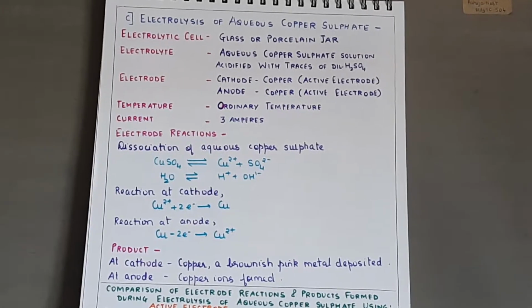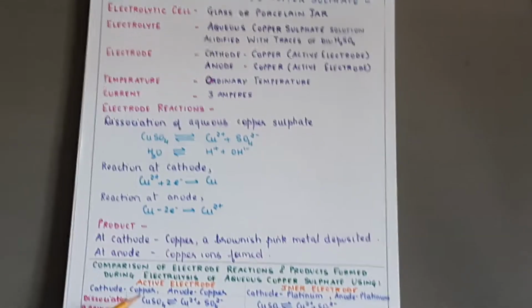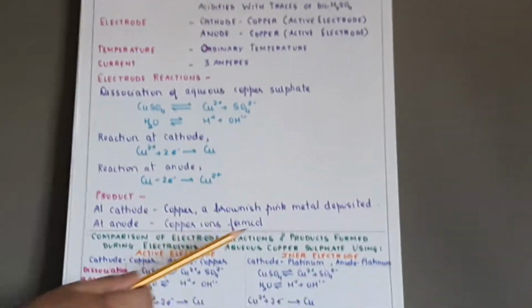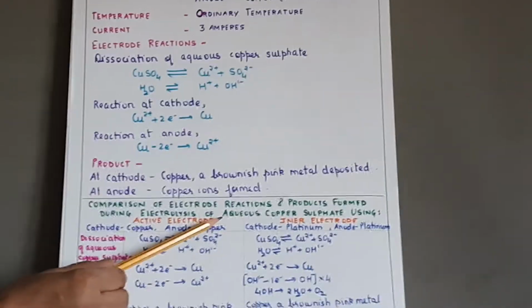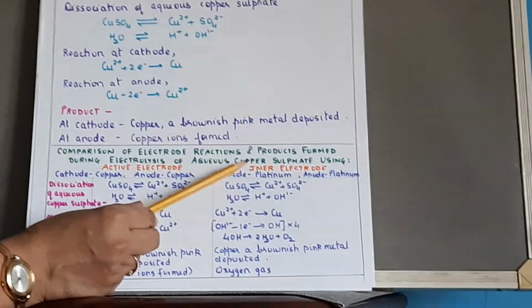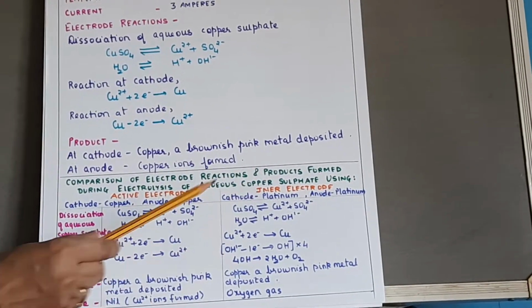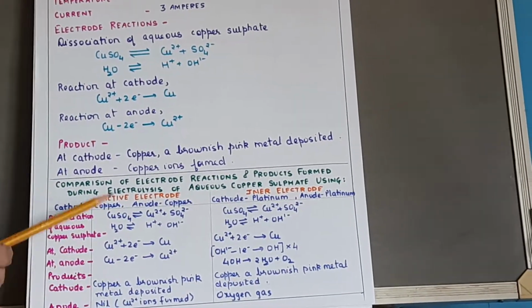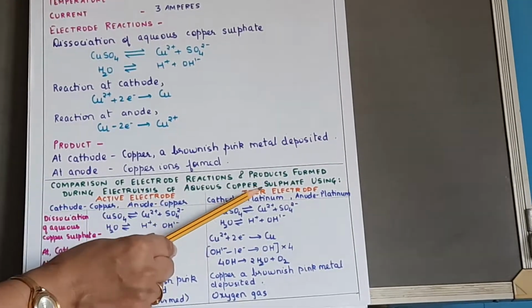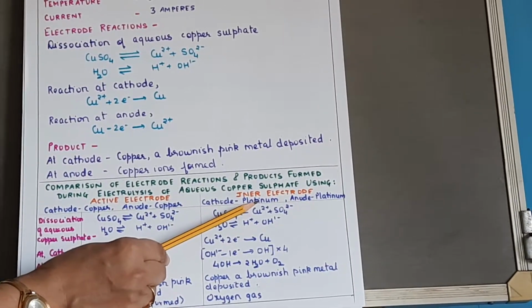We'll have a look. Now here I have put the comparison of the electrode reactions and products formed during electrolysis of aqueous copper sulfate. Okay, so what are the electrode reactions and the products formed at cathode and anode? Now this is active electrode, means copper, and this is inert electrodes, we are using platinum. Okay, clear?